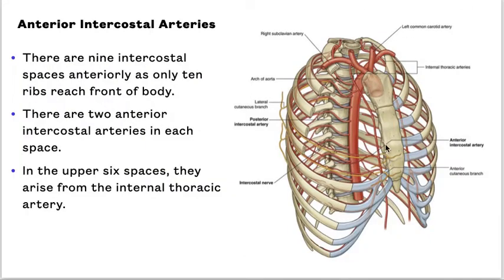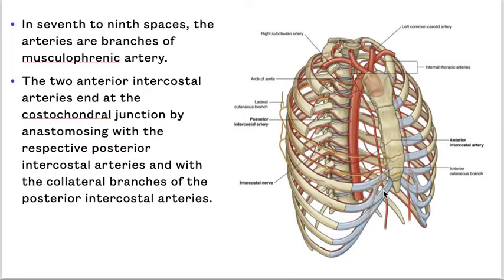The anterior intercostal arteries. There are 9 intercostal spaces anteriorly, as there are only 10 ribs in front of the body, so there are 2 anterior intercostal arteries in each space. In the upper 6 spaces, they arise from the internal thoracic artery.